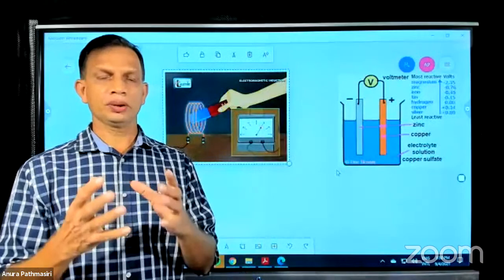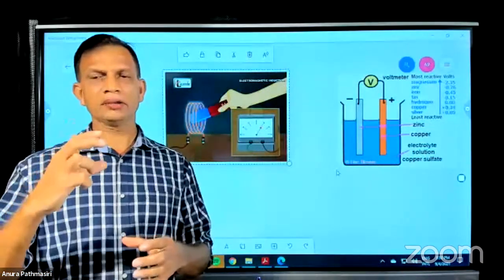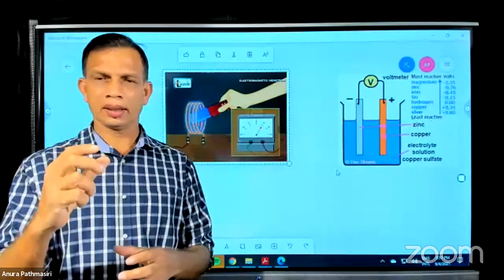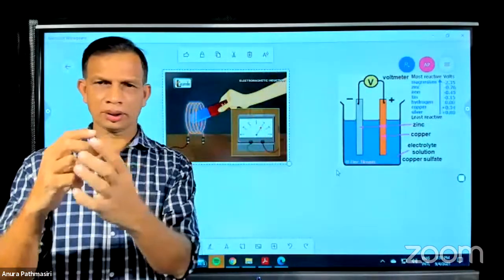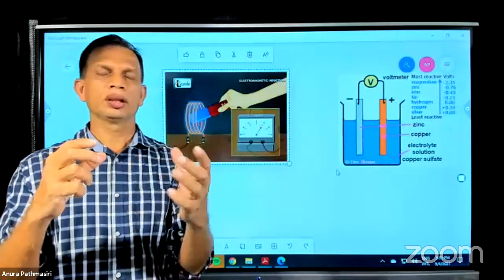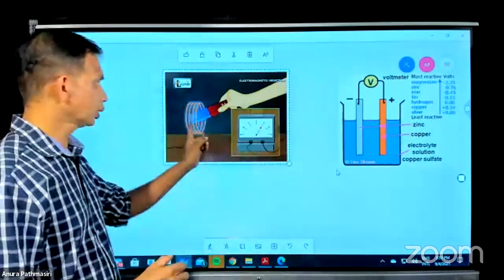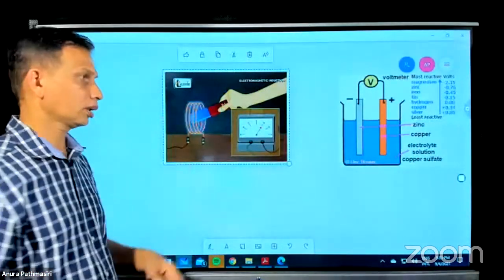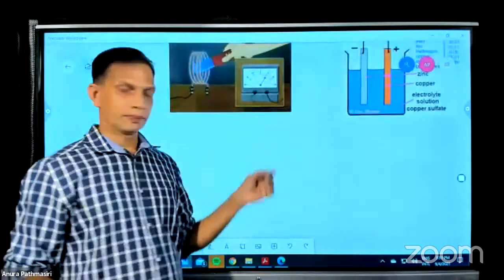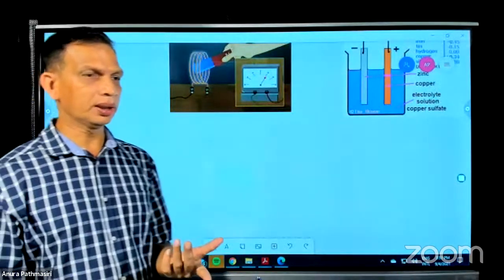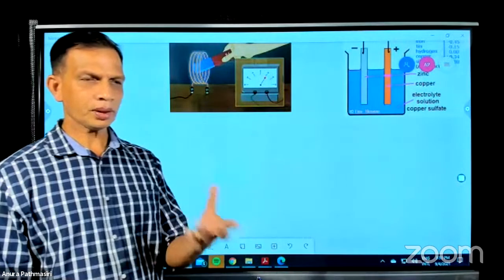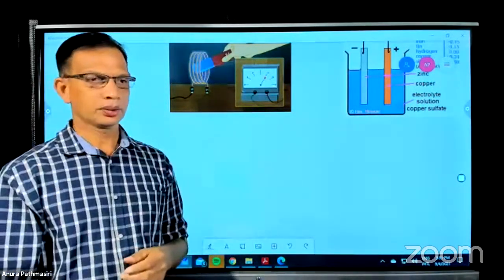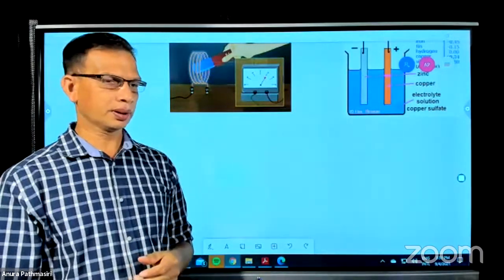Or if you have a magnet which is not moving, and you move the coil, then also the magnetic field is changed, so the current is generated. Why? Because the free electrons are there. Free electrons are available in a conductor.